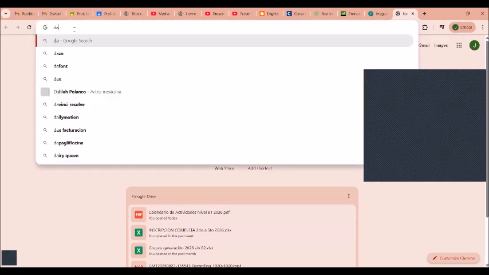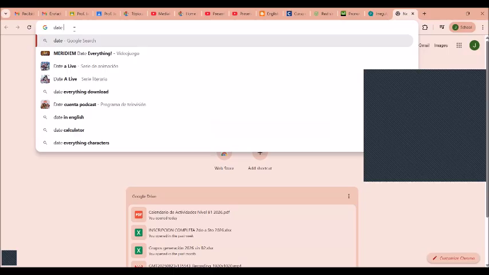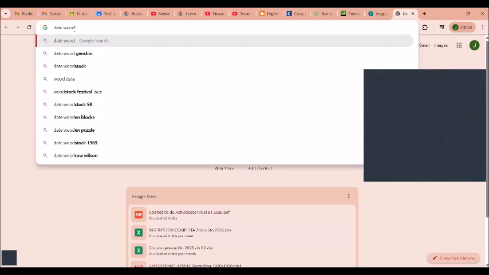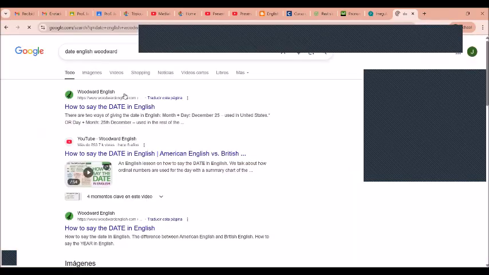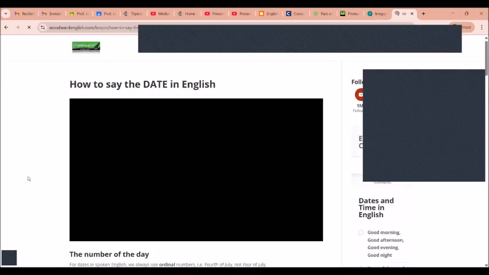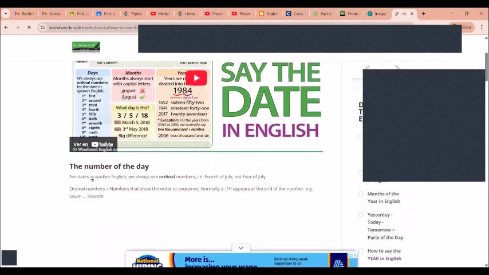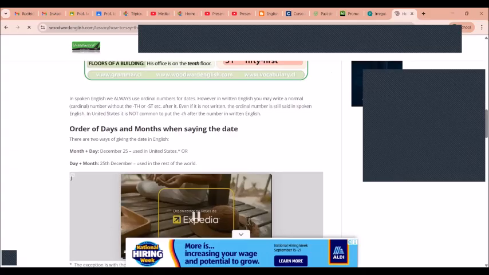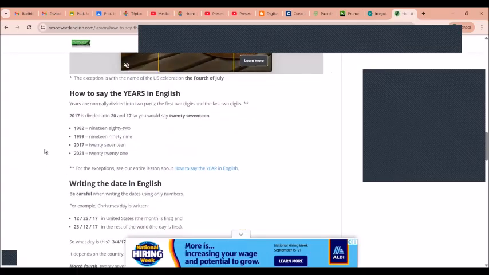I think it's the date and it's Woodward English. This is a good tool. How to say dates. All right. We generally will say the year first and then the numbers.